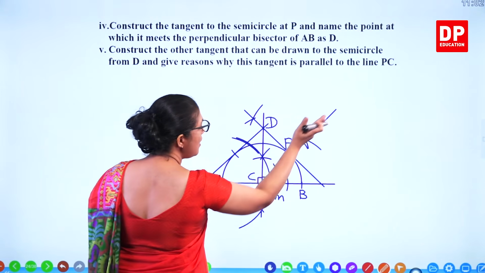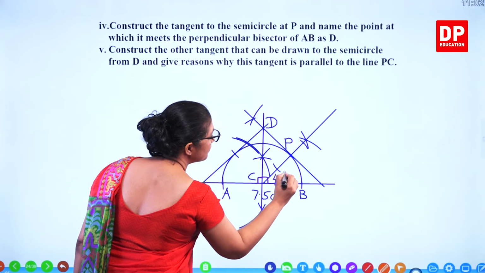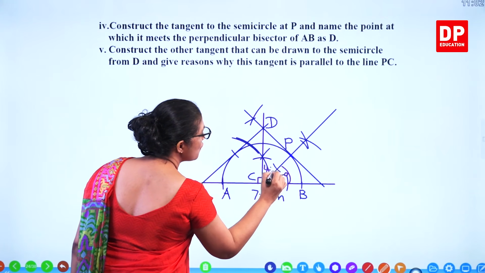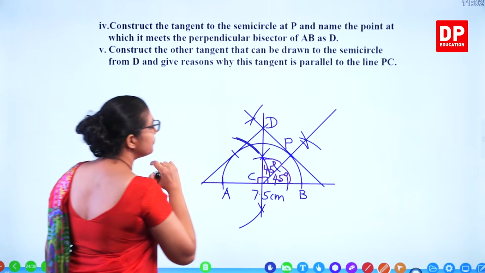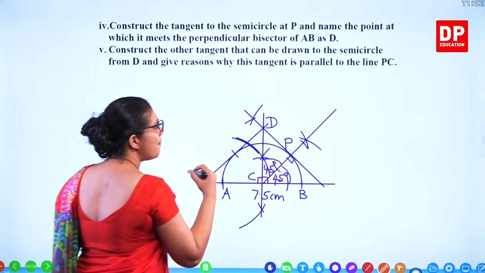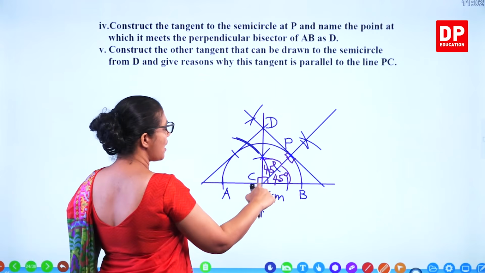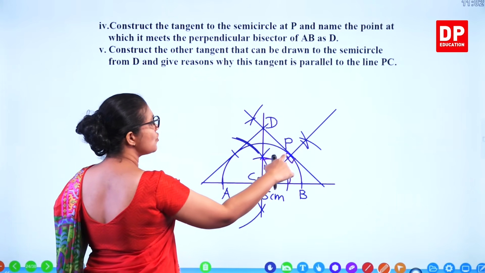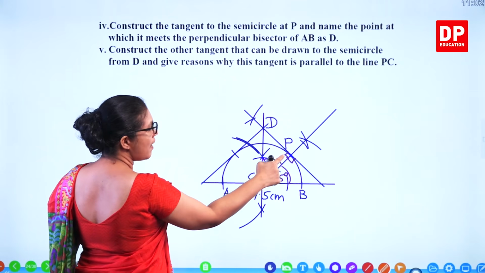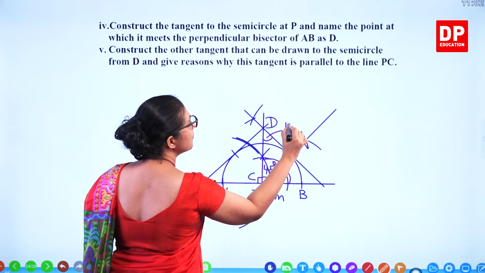And we drew the angle bisector. So this is 45. This is 45 and this is 45. And this is the tangent line. So this line perpendicular to the radius. So now think about PCD triangle. This is 45 and this is 90. So this becomes 45.